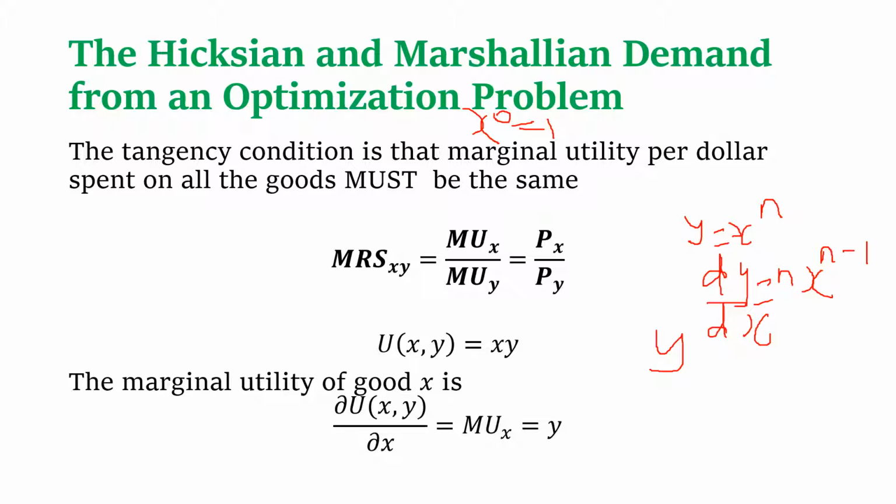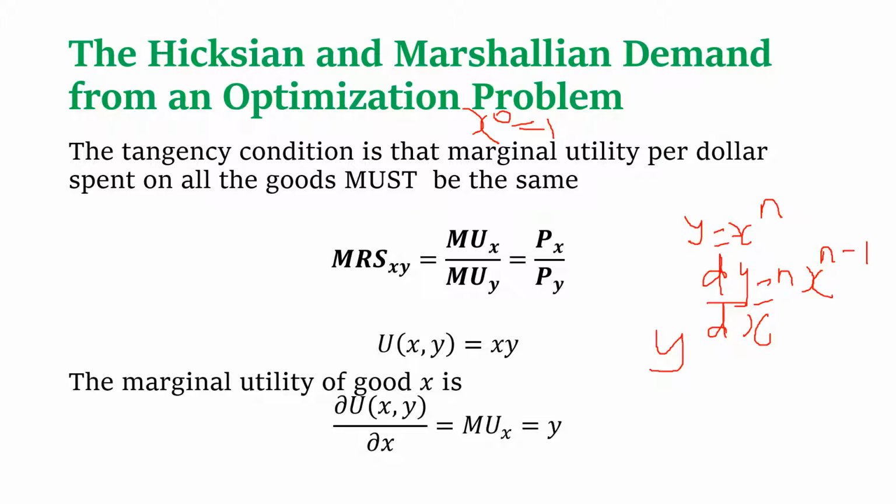So you don't see x here, right? When we take the marginal utility with respect to x, you don't see any x. Some of you will be asking, "Oh, where is the x?" Well, the x is gone. It's no more here.